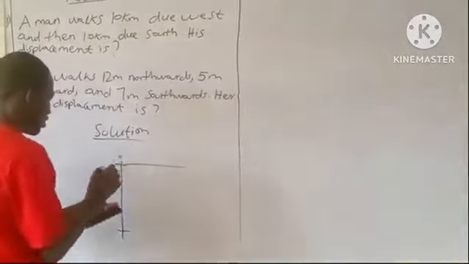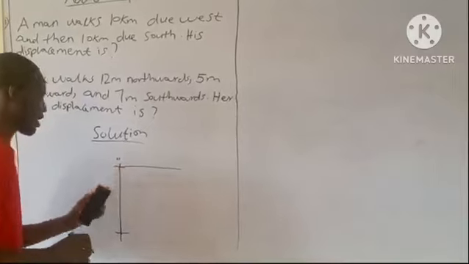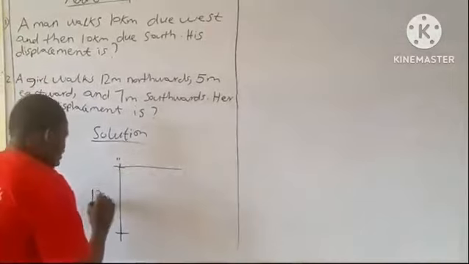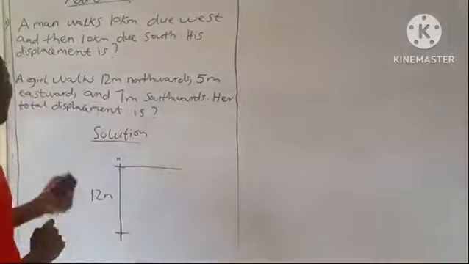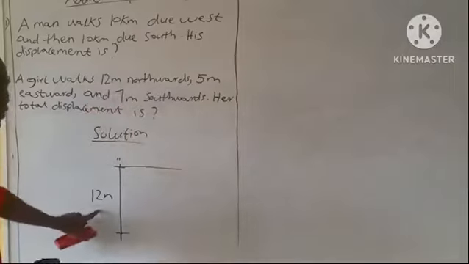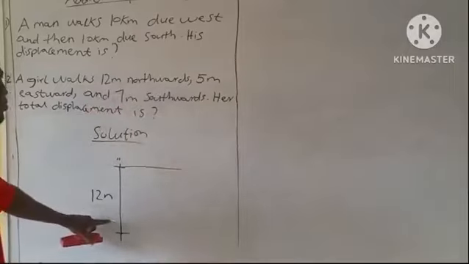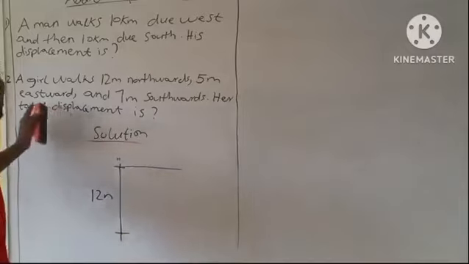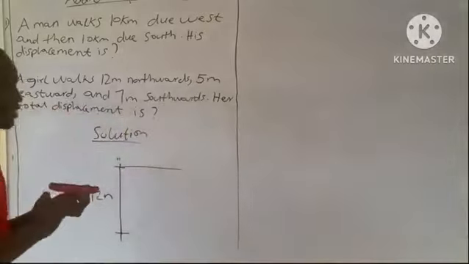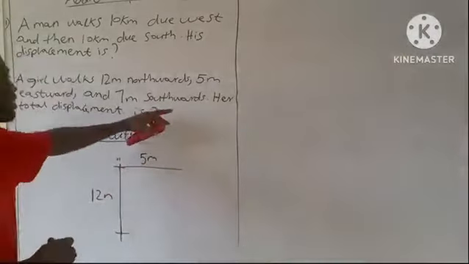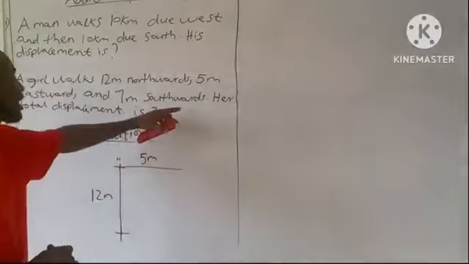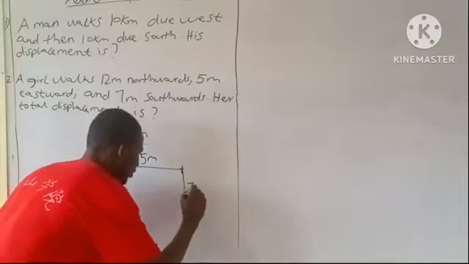Remember, this was north, south, east, and west. So a girl walks 12 meters northwards, and then 5 meters eastward, and 7 meters southwards. She came back again. This is 7 meters.